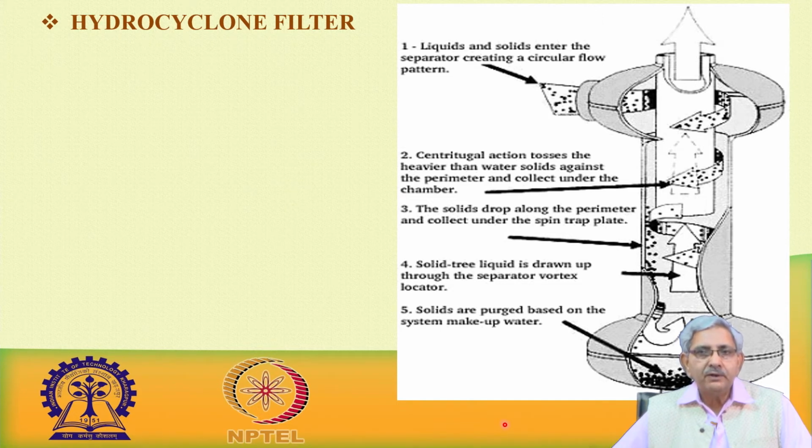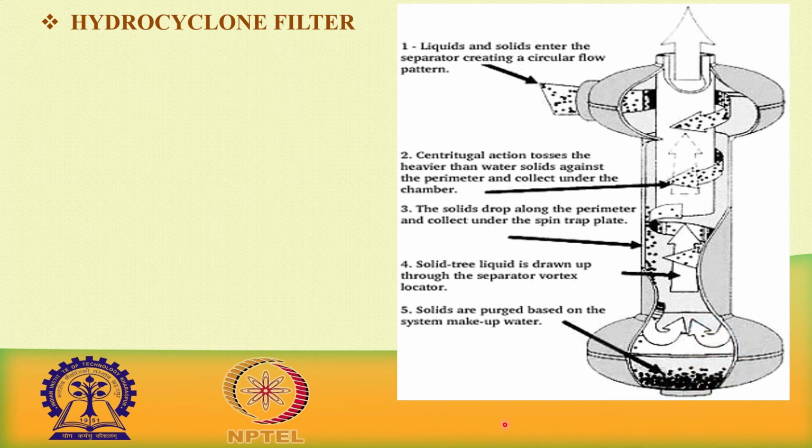These types of filters are also known as centrifugal filters. As you see in the diagram, in this particular figure, the liquid and solid flowing are available in the water. It is fed.